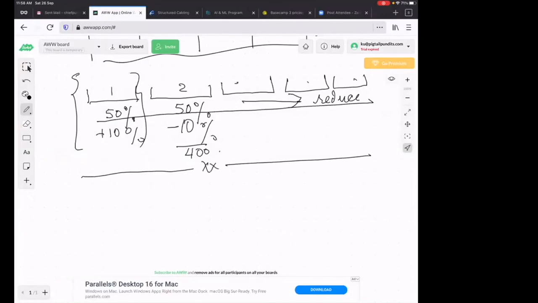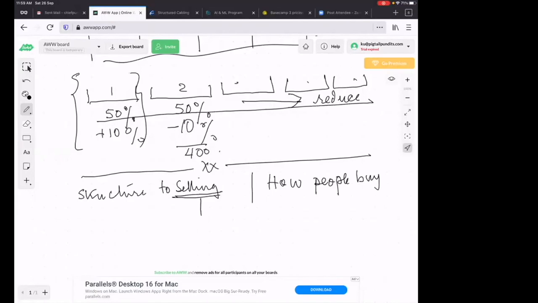What this tells you is there is a structure to selling. And in order to understand this structure, you need to understand how people buy. And you use persuasion to mimic what people buy.